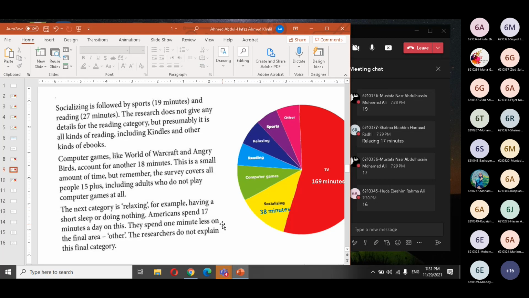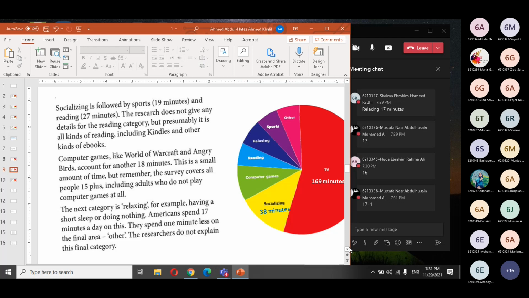So this is not a direct question, and the answer is not direct. Yes, 17 minus 1, 16. That's correct. So 17 less 1, it will be 16 on other.